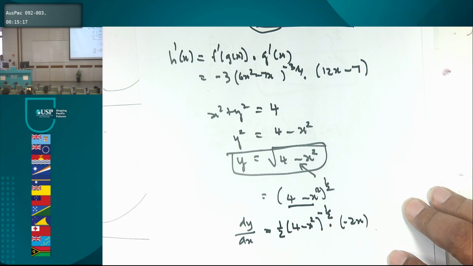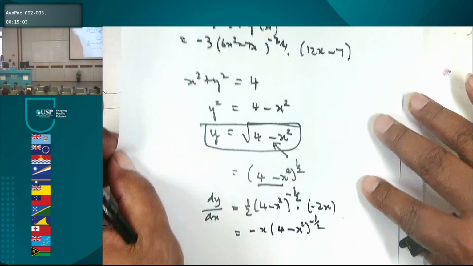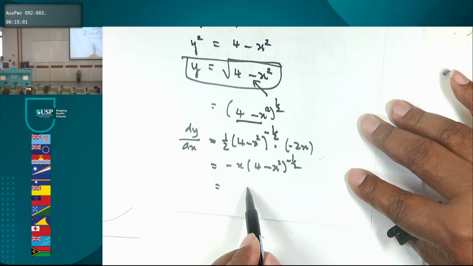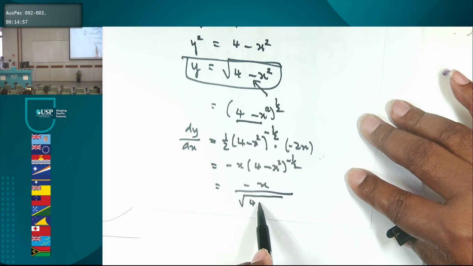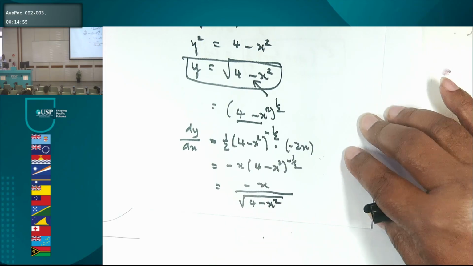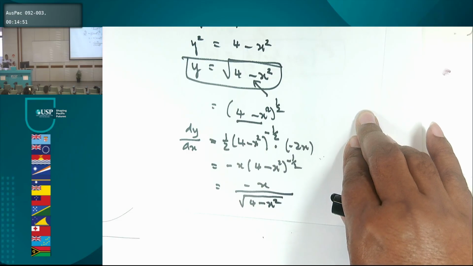Negative 2x. So the half and the negative 2 will cancel. I don't like the way it looks. Yeah. That's if I use chain rule.